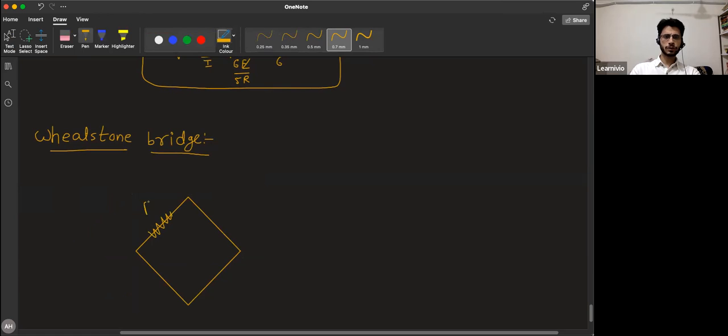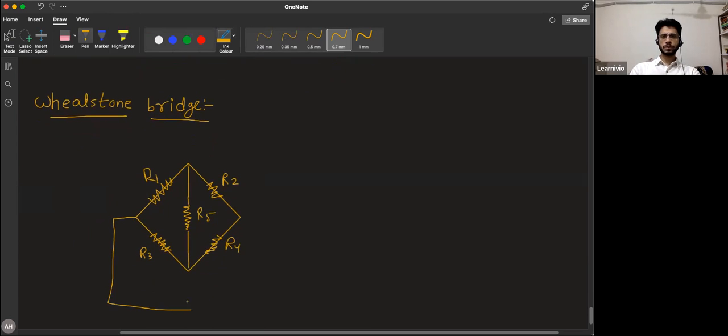We have one resistor R1, another resistor R2, this is R3, this is R4, and this particular resistor is R5. We connect this system to a cell. The EMF of the cell is E. This is what we call Wheatstone bridge.